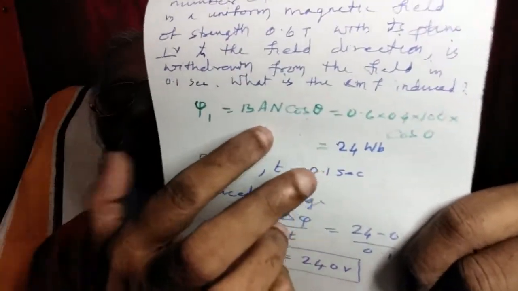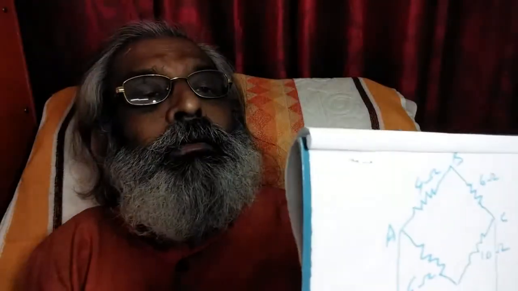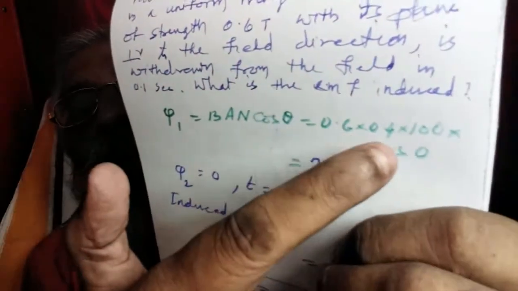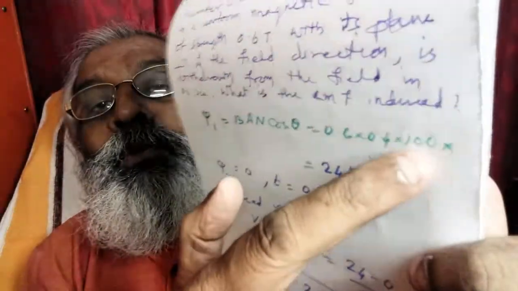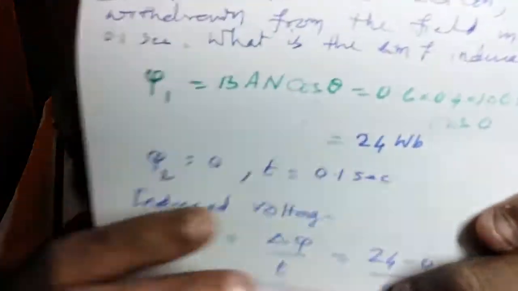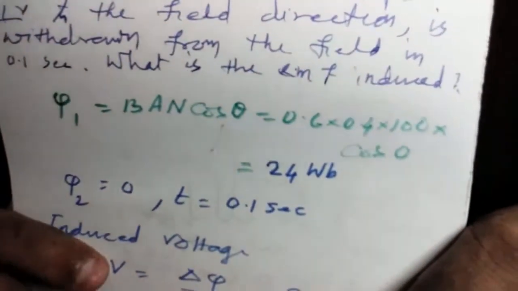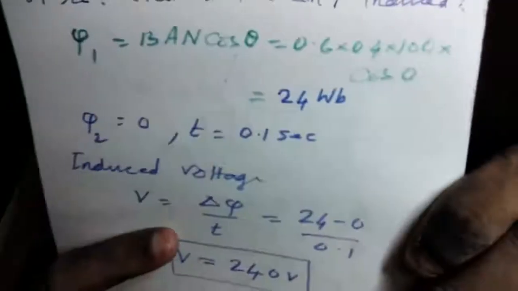You substitute all these things: 0.6 Tesla into 0.4 meter square area into number of turns 100 into cos 0. That is 24 Weber.